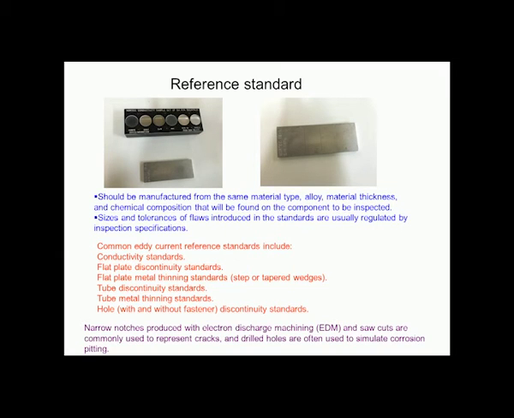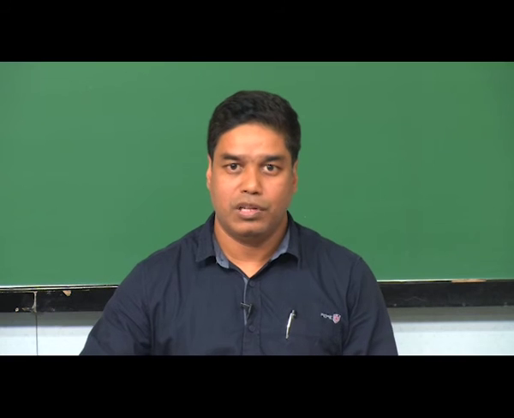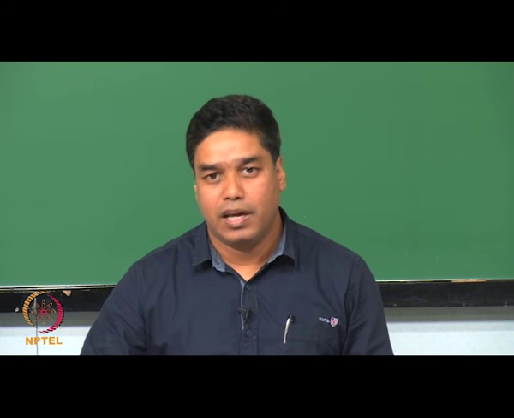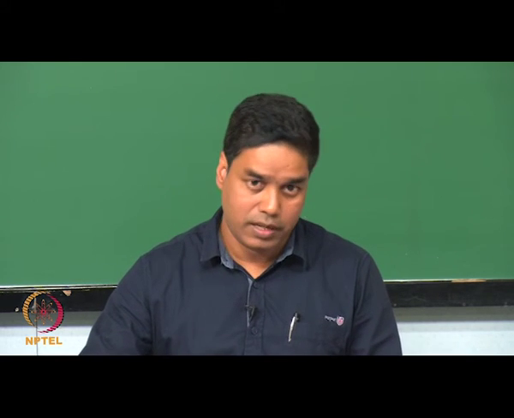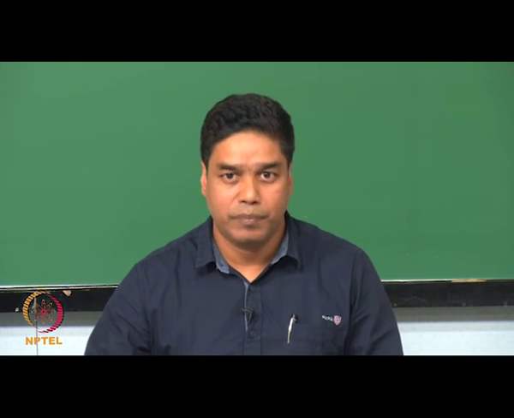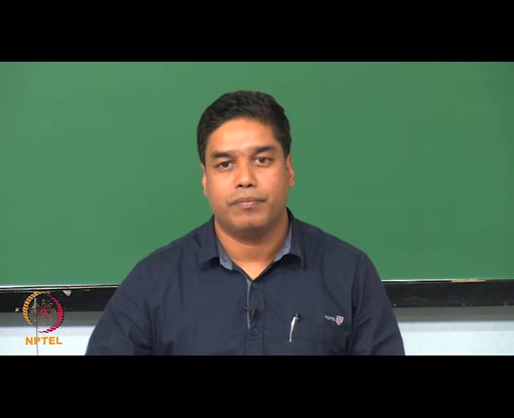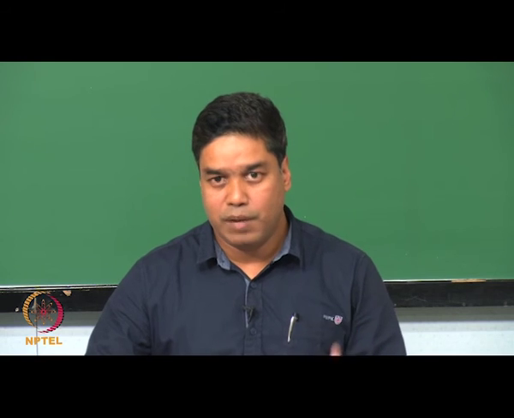Similarly, if you have a steel sample, then your reference standard should also be made of steel. Okay. So, that is the first thing that one should keep in mind while calibrating the instrument. The reference standard and the sample material should be the same. Okay.